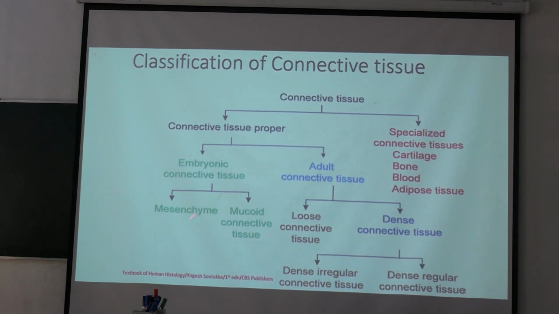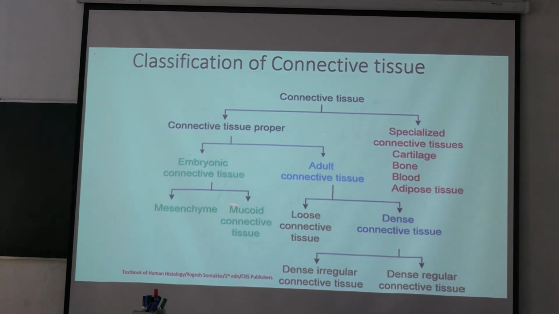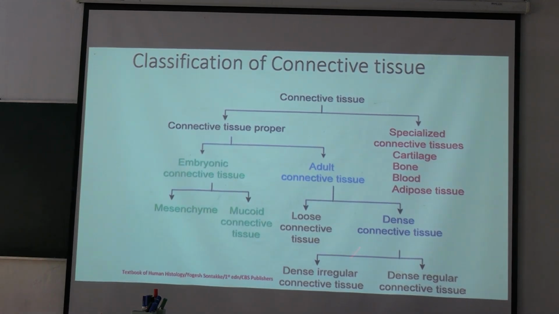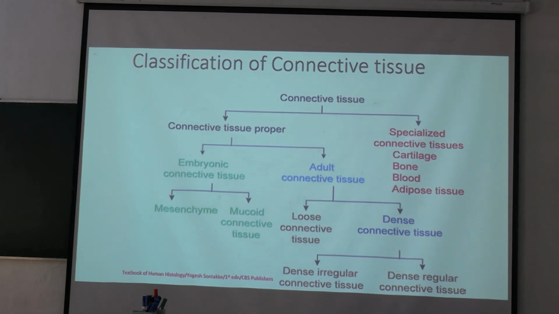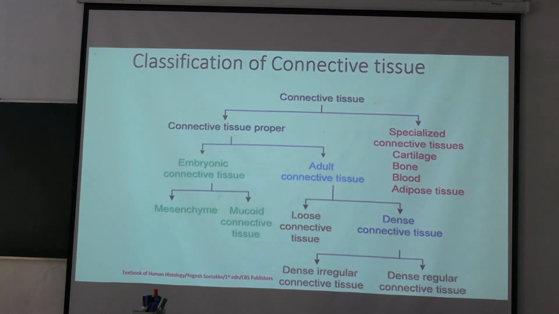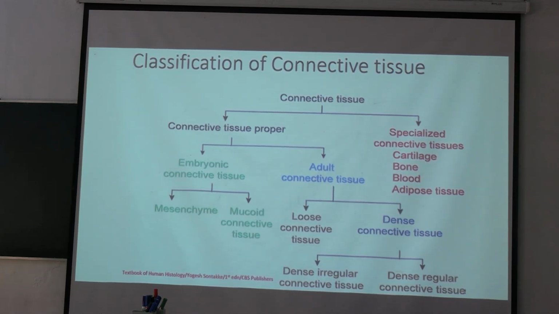Embryonic connective tissue is divided into mesenchyme and mucoid connective tissue, and adult connective tissue is divided into loose areolar connective tissue and dense connective tissue, which is again divided into dense irregular and dense regular connective tissue. Now specialized connective tissue includes the cartilage, bone, blood and adipose tissue. So this is the classification of connective tissue.